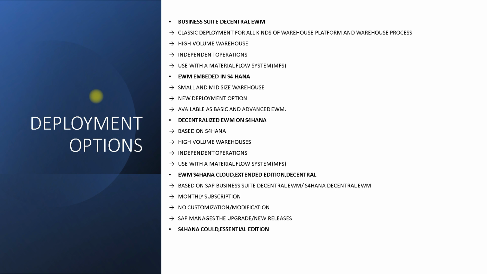You can use all the SAP processes over here, for example high volume warehouses and independent operations. These you can use through the decentral EWM, which is under business suite. This is called business suite decentral EWM.